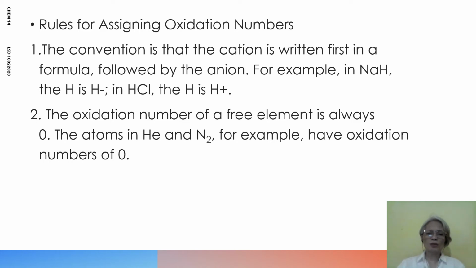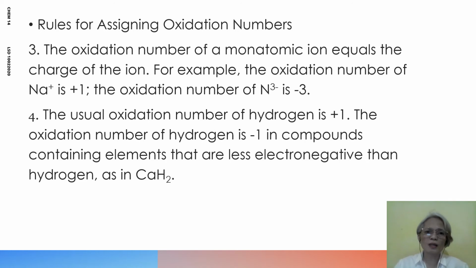Now the oxidation number of a free element is always 0, like what we had earlier. Fluorine and hydrogen are both 0. For example, helium and nitrogen have oxidation numbers of 0. The next: the oxidation number of a monoatomic ion equals the charge of the ion. For example, the oxidation number of sodium is +1, sodium being an element of group 1.